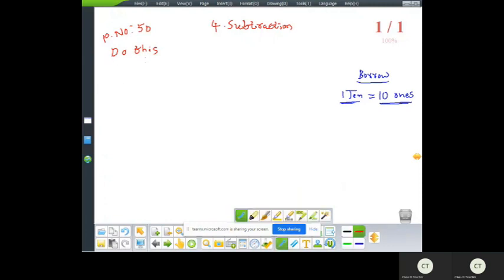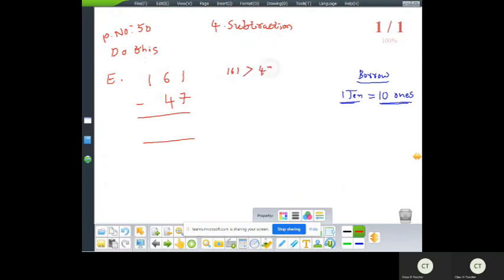Question E. 161 minus 47. See here, 161 is greater than 47.